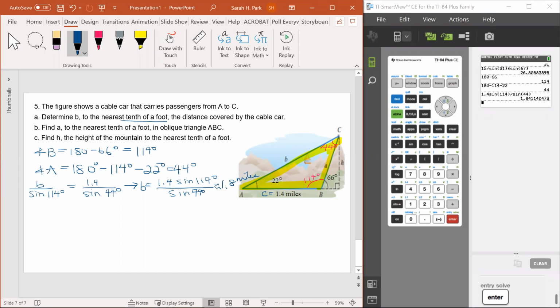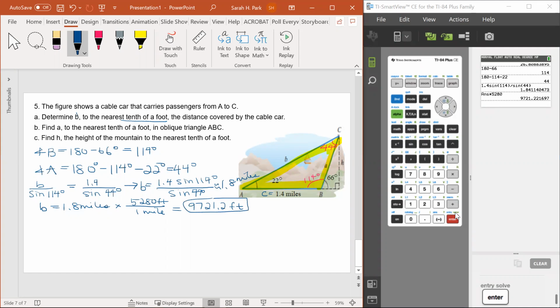So 1.84 miles, I know that in 1 mile, there's 5,280 feet. So just multiply whatever you got by 5,280. We get 9721.2 feet. Okay, so that's, we determined B.